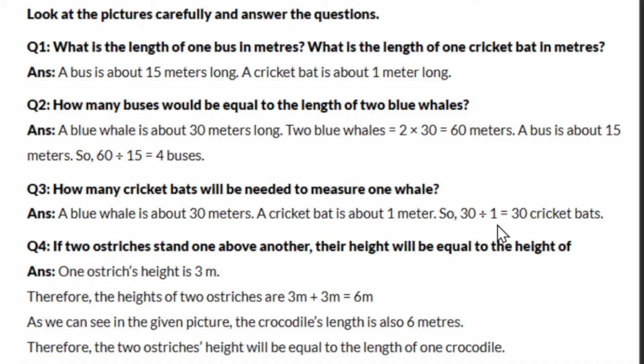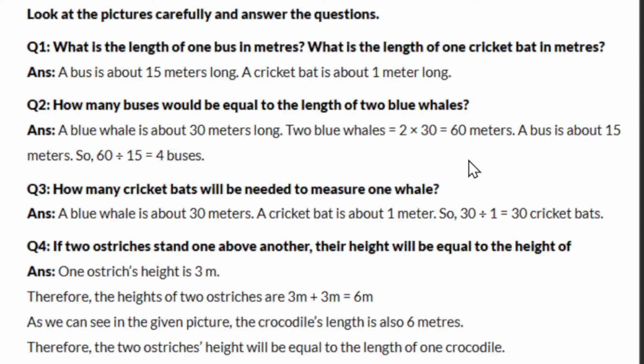The bus is about 15 meters long, and the cricket bat is about 1 meter long. Next, how many buses would be equal to the length of two blue whales? A blue whale is about 30 meters long. Two blue whales is 2 into 30, which is 60 meters. A bus is about 15 meters. So 60 divided by 15 is 4 buses.